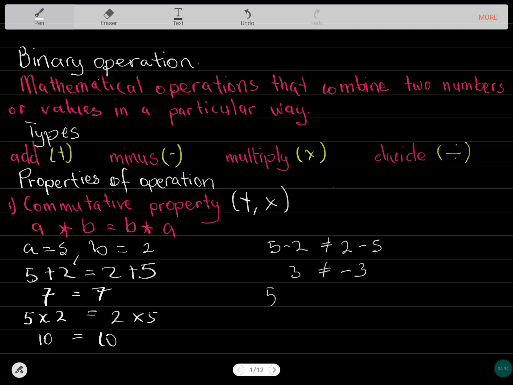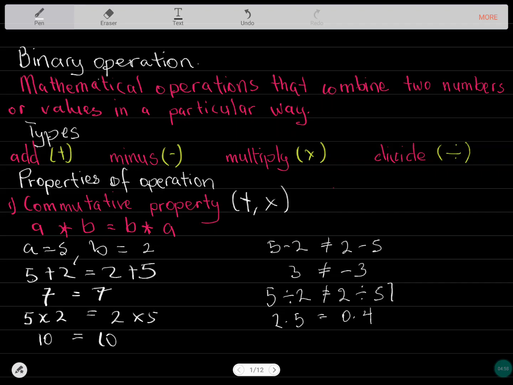Let's try with division. 5 divided by 2 is not equal to 2 divided by 5. 5 divided by 2 is going to give us 2.5. 2 divided by 5 would give us 0.4. These two numbers are not the same.